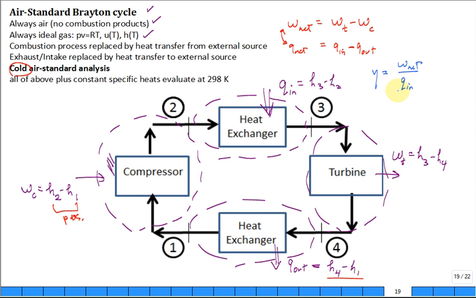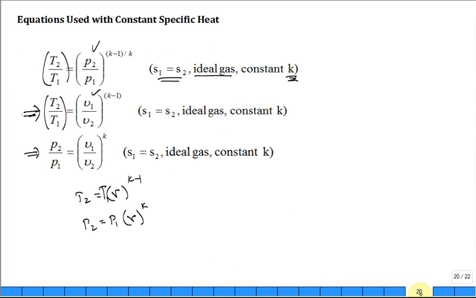So we just need to analyze these systems and solve problems using these very similar equations that we used for the Otto and diesel cycle. It doesn't matter if it's a trapped amount of gas undergoing an isentropic process, or the gas flows through the component undergoing an isentropic process. If it's isentropic, it's isentropic.